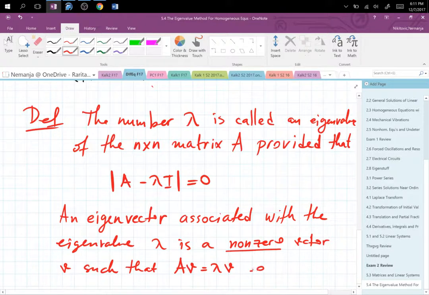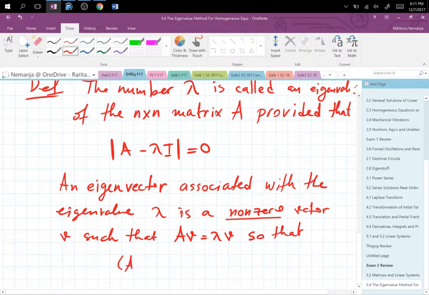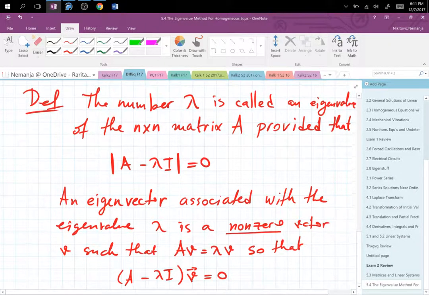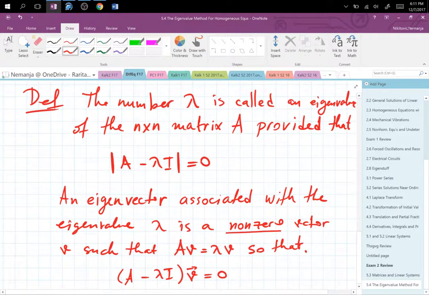So that, and then we write the equation we had above, A minus lambda I times vector v is equal to 0. Yes, v is a column vector, yes.